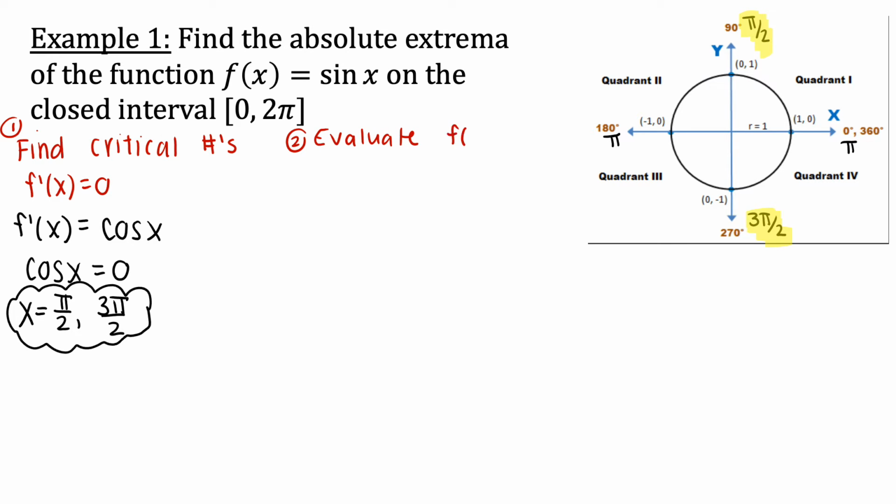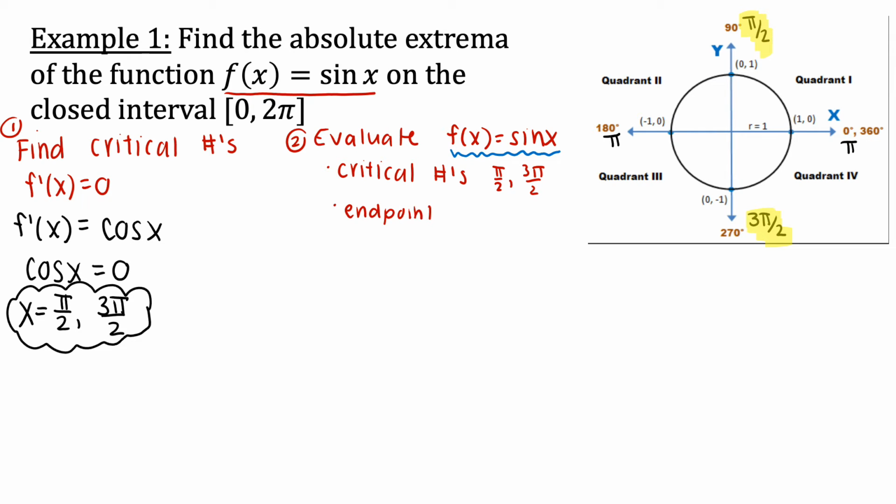our original function f of x, which means we are evaluating sine of x, and that is really the different part because we're going back to our original function, and we're going to evaluate that for our critical numbers, which was pi over 2 and 3 pi over 2, and our endpoints.